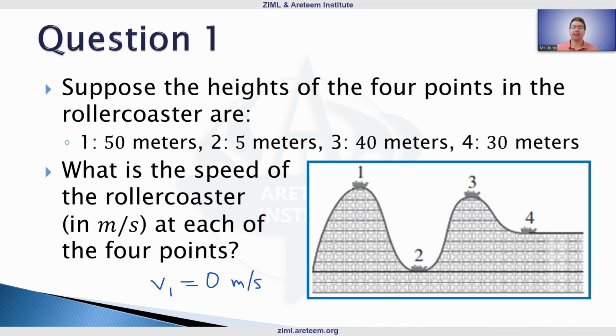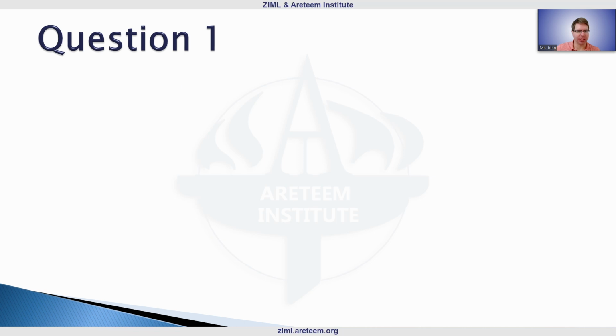Think about the case where at the highest point, the roller coaster is not moving. Of course, maybe it moves a tiny bit to go over the hump and then starts falling down, but we can assume that the speed at the top is 0 meters per second. Now, let's explore how to use this idea of energy to go through this question.